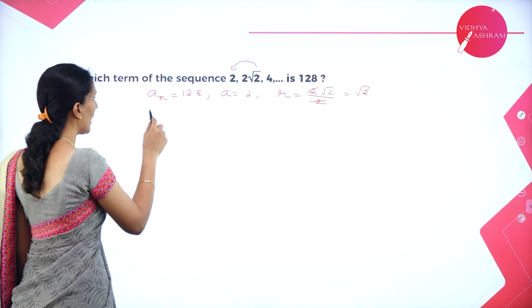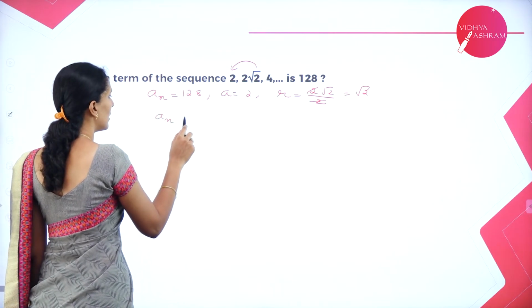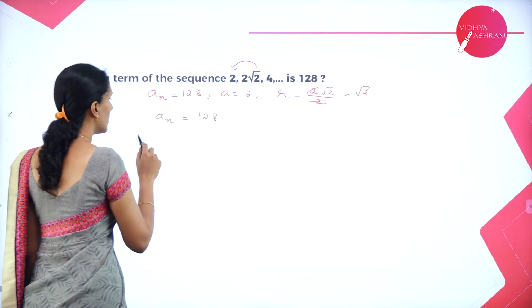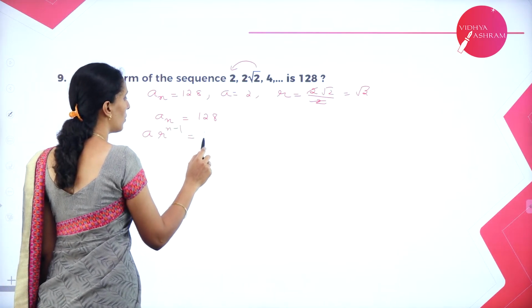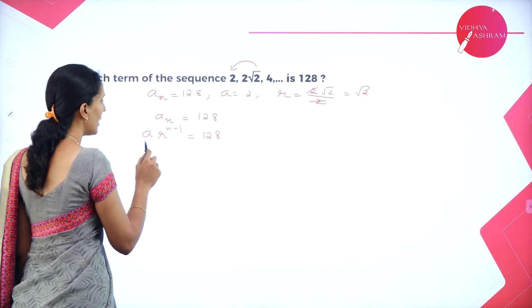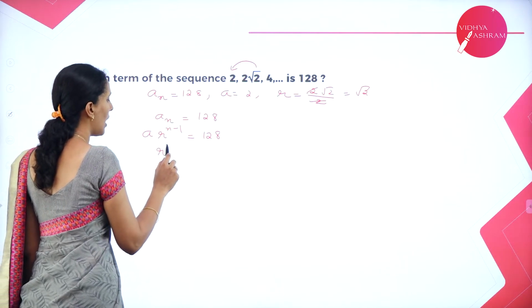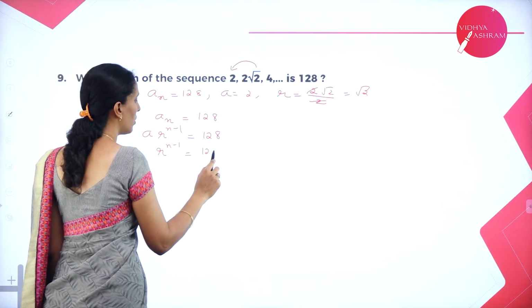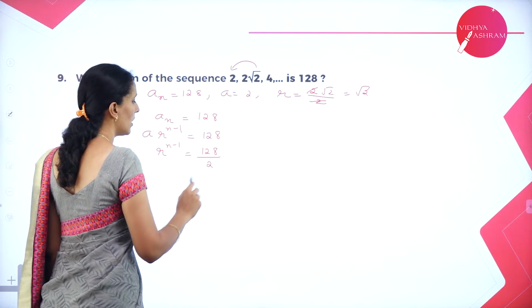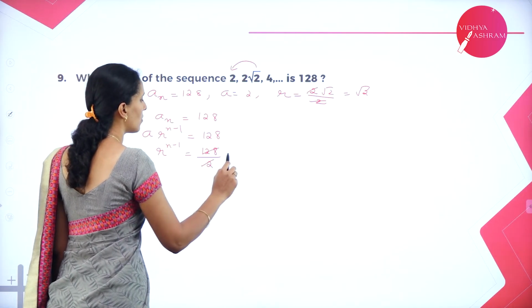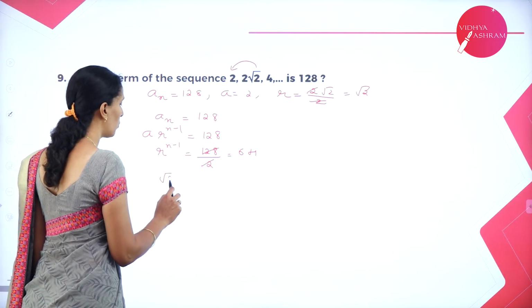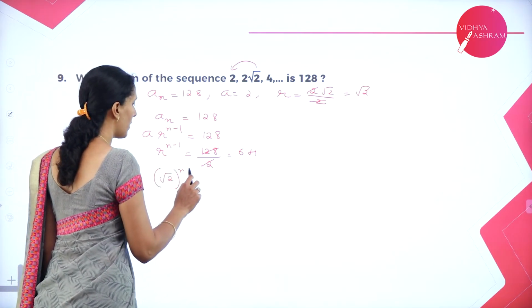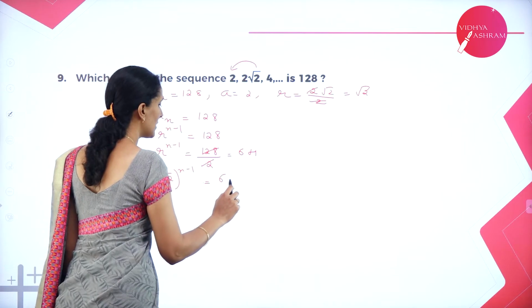Now let's see, an is equal to 128. So this is nothing but a r to the power n minus 1 is equal to 128. a is given as 2. So r to the power n minus 1 is 128 divided by 2. I can cancel this, so I'll get this as 64. So now r is given in the form of root 2. So root 2 to the power n minus 1 is equal to 64.